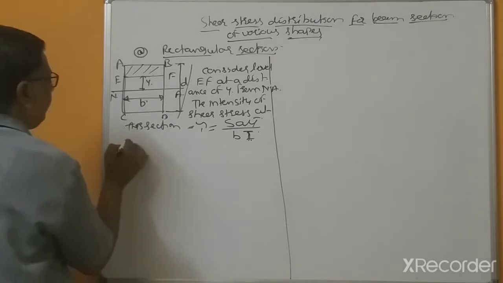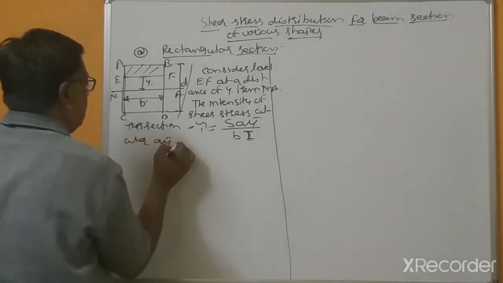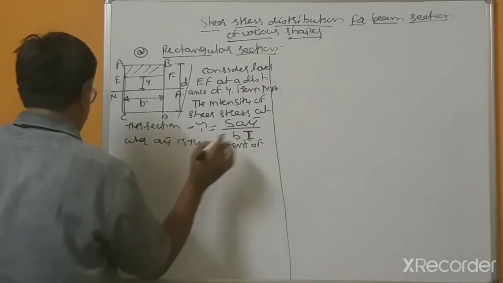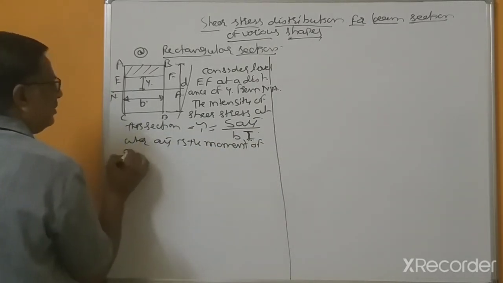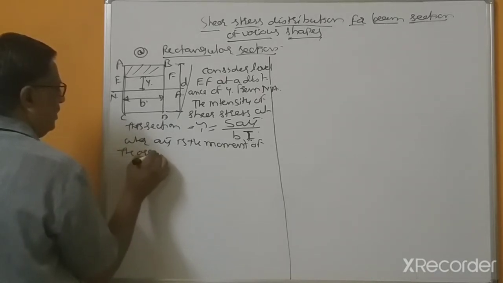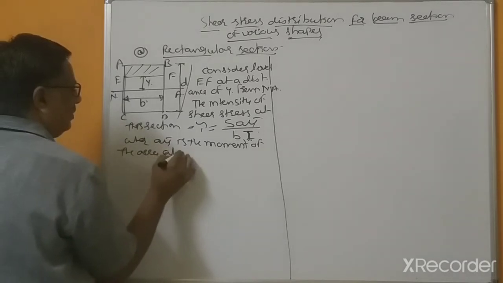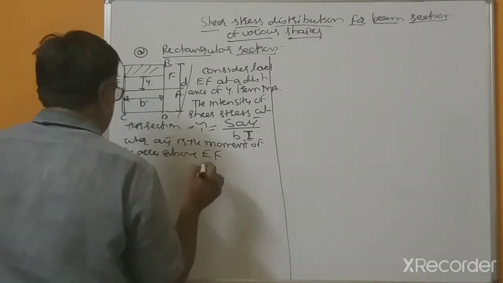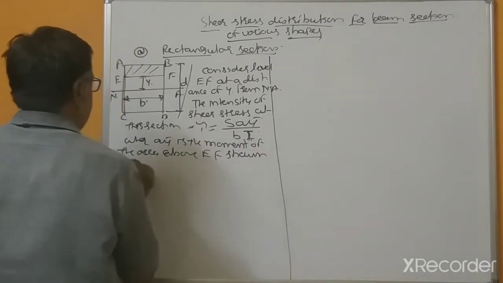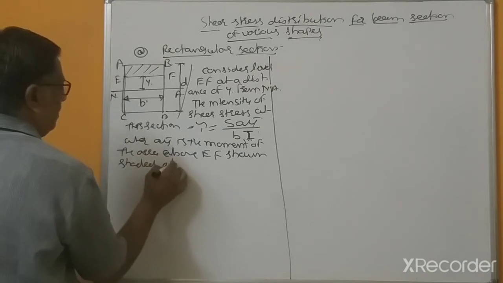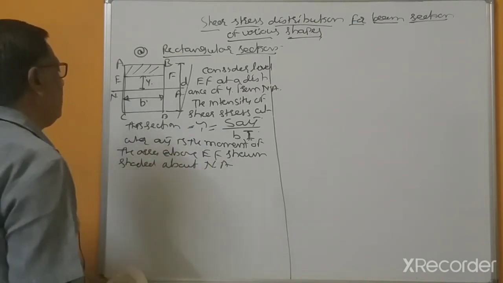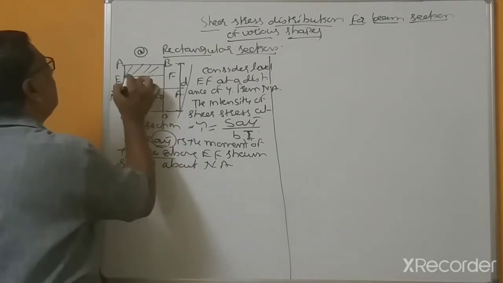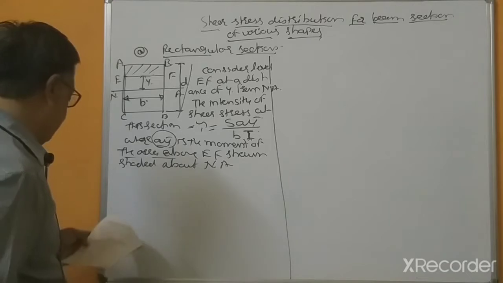Where A Y bar is the moment of the area above EF, shown shaded, about the neutral axis.